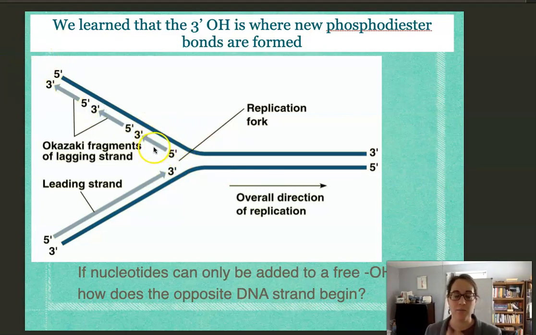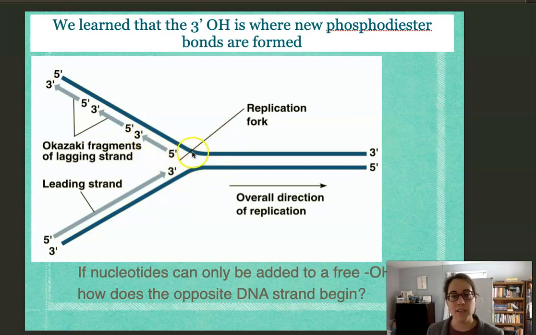So it's not able to quickly utilize the newly pulled apart DNA. It's reading in the correct direction, reading 3' to 5', and then synthesizing 5' to 3'.